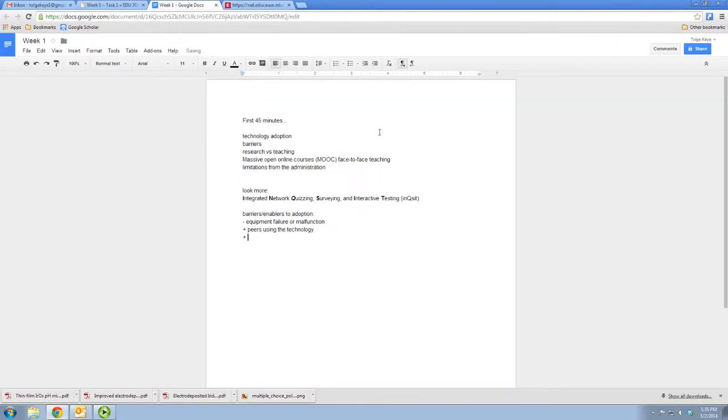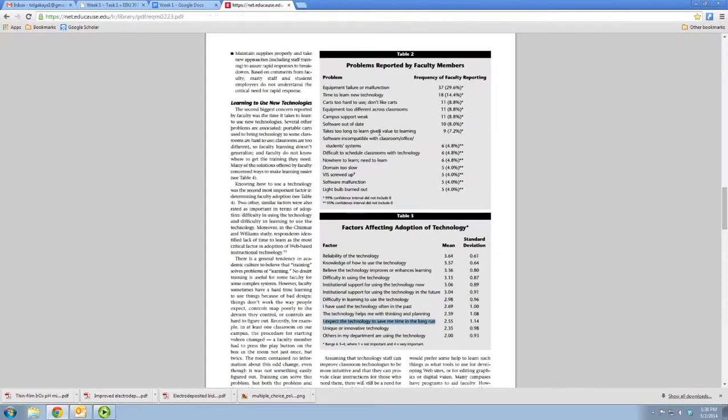Maybe if one is convinced that it saves time in the long run, but this is also I guess the drawback of the technology, the initial time investment. In the table, do we have that? Well, I guess difficulty in learning to use technology and knowledge, those are the initial investments.